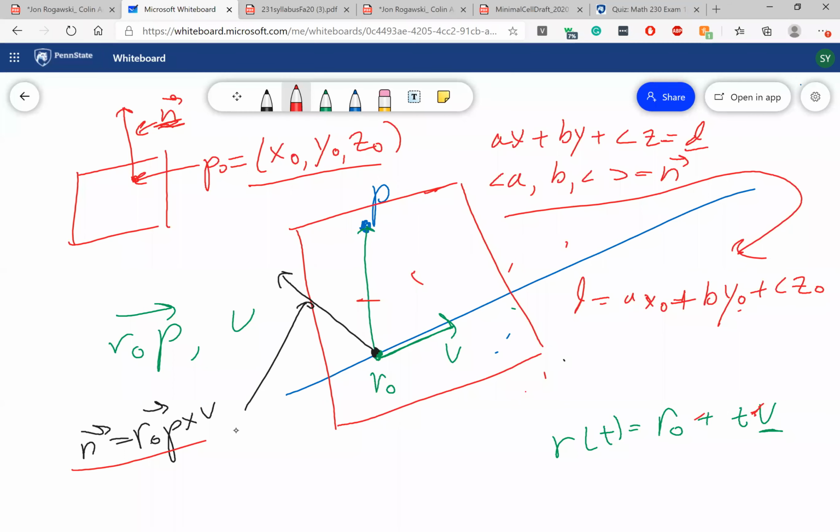In general, if you have 3 points, you can always find a plane that goes through those 3 points.